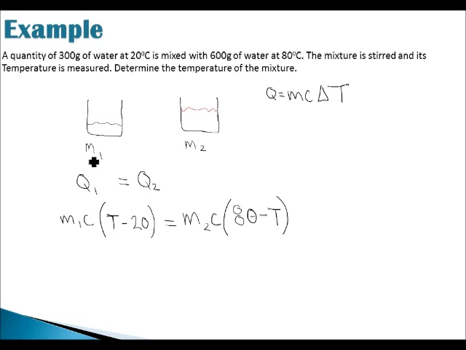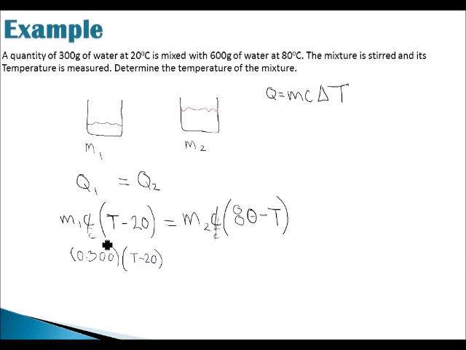We notice that the specific heat capacity is that of water for both, so we really don't need it in the equation. We cancel it out. Formally, we divide each side by c, and c divided by c is 1, so they cancel out. All right, so let's substitute some values in here. Mass 1 is 0.3 times T minus 20.